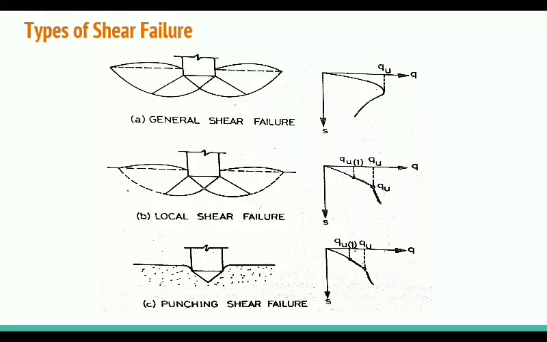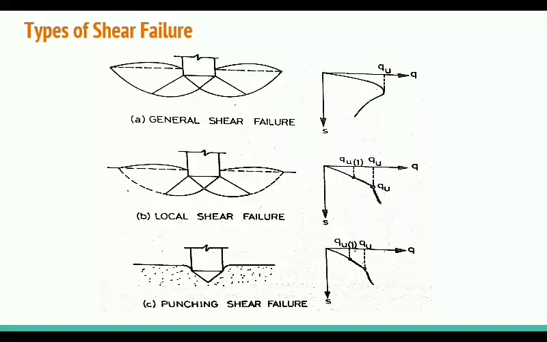You can understand this from the load settlement curve. When you increase the load intensity, settlement increases, and at a certain value of Qu, the settlement suddenly increases. This is the case of shear failure. At that point, the soil fails due to shear.